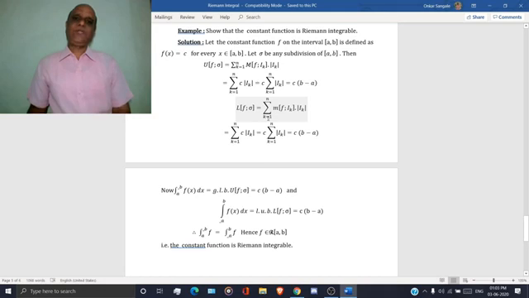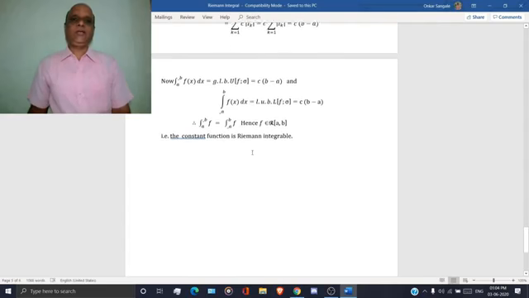By definition, it is the summation k equal to 1 to n of the minimum of the function f over the interval I_k times the length of I_k. These I_k are the component intervals of the closed bounded interval [a, b]. Clearly here the minimum of f over I_k is c. Again c is a constant, so we take it outside the summation sign: c times the summation k equal to 1 to n of the length of I_k. Since the I_k are the component intervals of [a, b], this summation is the total length of the interval, which is b minus a, and therefore this is equal to c times (b minus a).